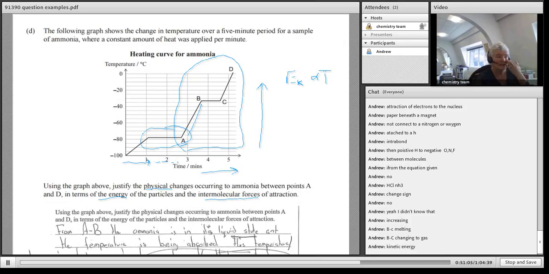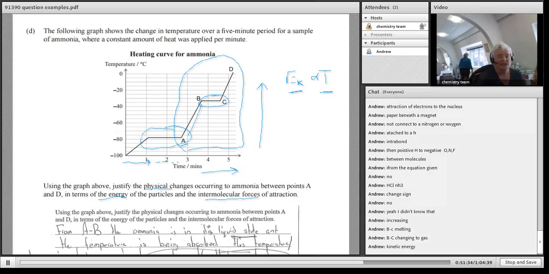Okay, the kinetic energy, correct. What I'm trying to say here, there was supposed to be a K, by the way. The kinetic energy is dependent on the temperature. So as you're increasing the temperature, the kinetic energy increases. Whenever you're going up in temperature, you're going up in kinetic energy. Whenever the temperature is constant, like there, then the kinetic energy stays constant as well. So you've got to show you've explained that.